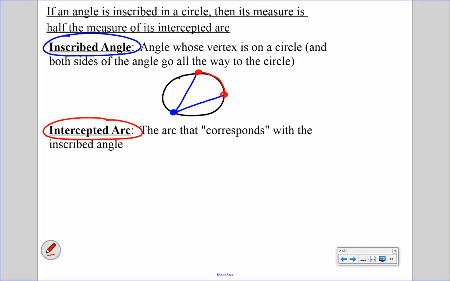And the top sentence means that if we have an arc measure of, let's say, 30, the angle measure is going to be 15 degrees. And we can do vice versa. If the angle measure is 15, then the arc is 30 degrees. So the arc is twice as big as that angle. So we're going to use that concept to solve.